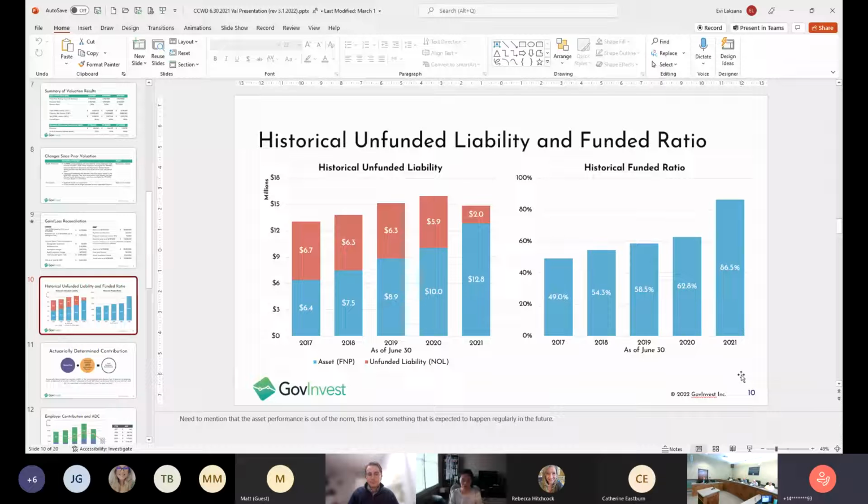As you can see, over the years since 2017, it has continued to shrink, and you are at 2 million unfunded liability as of 2021. So you are moving in the right direction. And the same is true for the funded ratio. It keeps on increasing, and it increased tremendously from 2020 to 2021, and a lot of it is due to the asset performance.